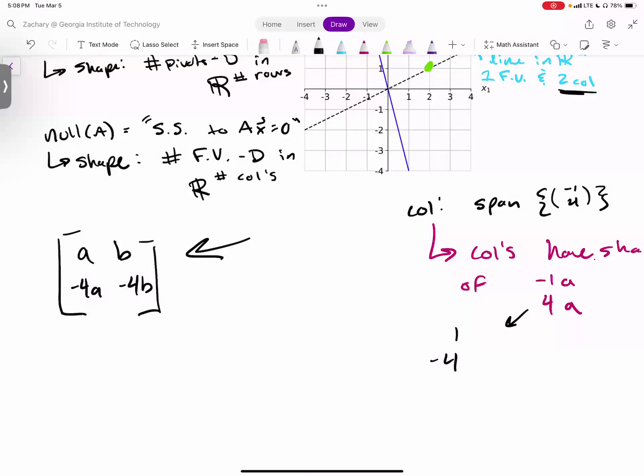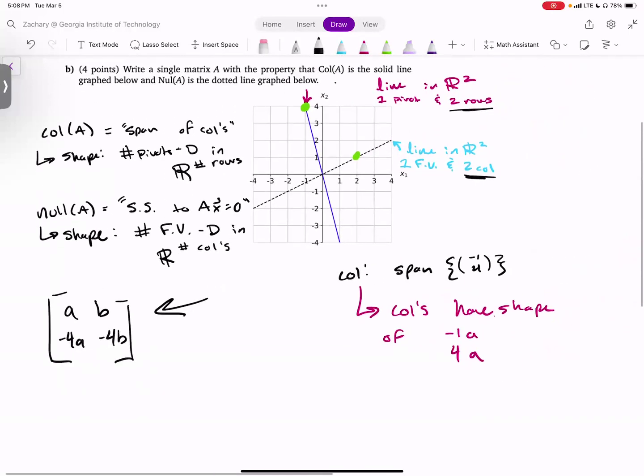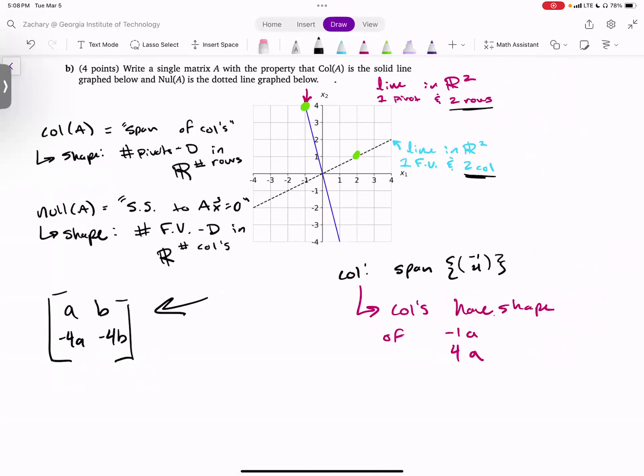All right, any questions on how I did the part of this with column space? Yeah, I didn't quite get how you multiplied it by -4. Like, if the column space is the span of -1 and 4, why does that mean that you're multiplying by -4 in the bottom parts?